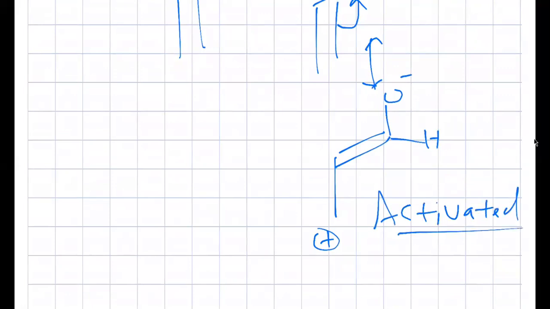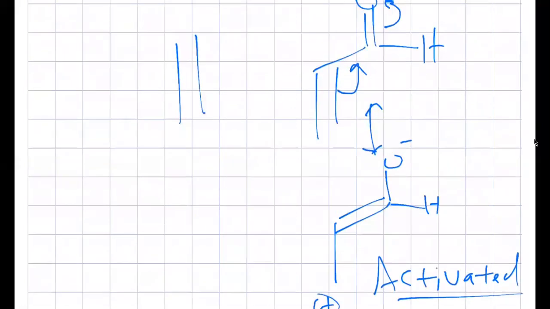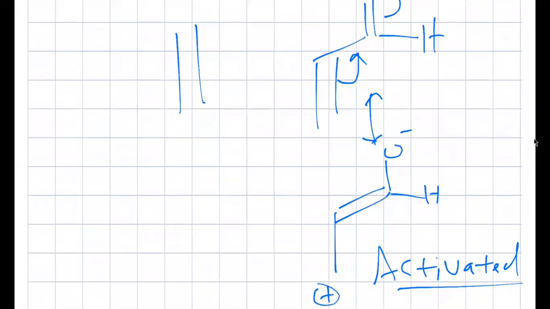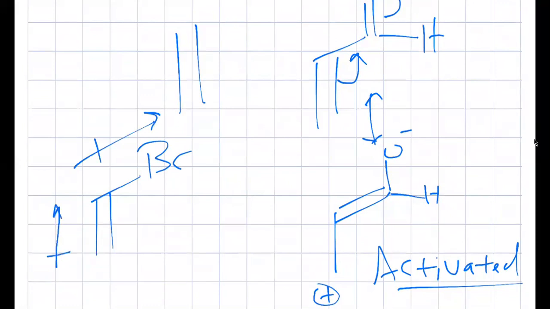Anytime you put a group on the dienophile that's going to activate it, it speeds up the reaction. So if I put a halogen on here like bromine, that's going to cause a dipole this way, and by the same token, it's going to cause more of a dipole that way.